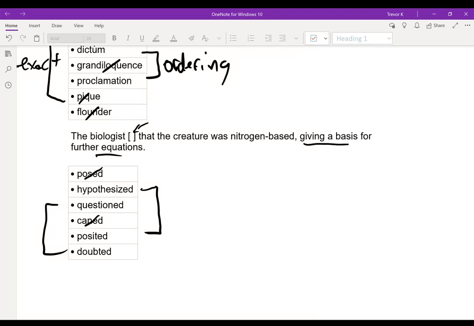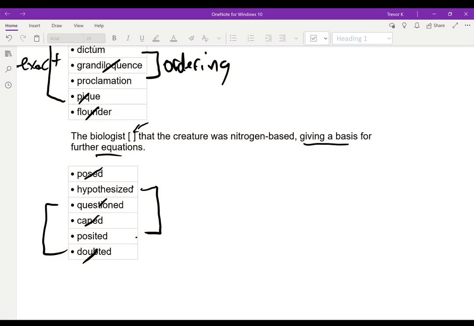That sort of ends the equations. So our keywords don't make sense here. Hypothesized and posited make sense because both of those mean that's his assumption, right? He's assuming or hypothesizing. He's guessing that it's nitrogen-based. And if you guess that it's nitrogen-based, then you can make further equations. So that makes a lot more sense than doubting.